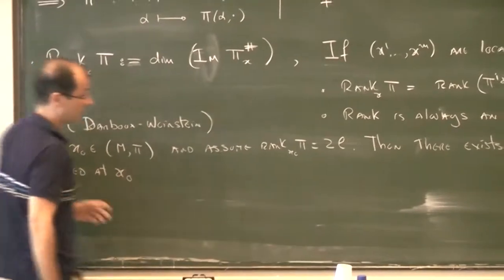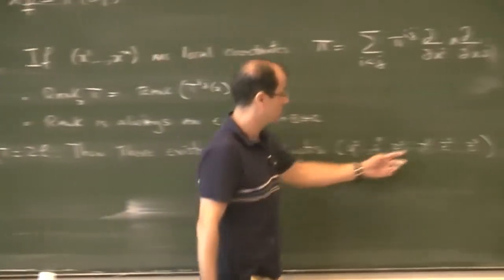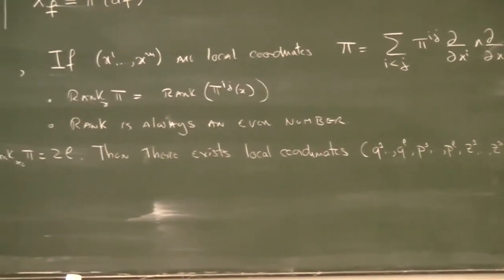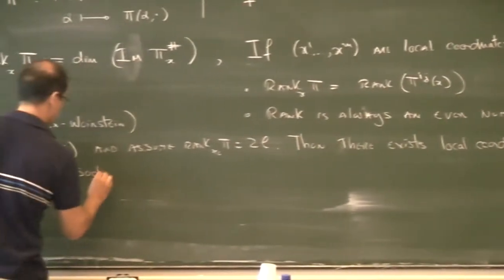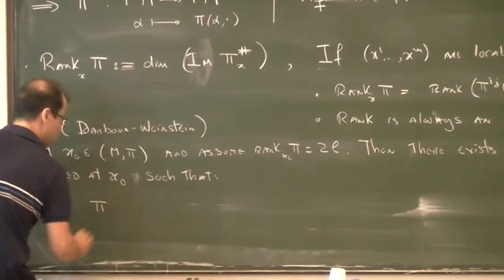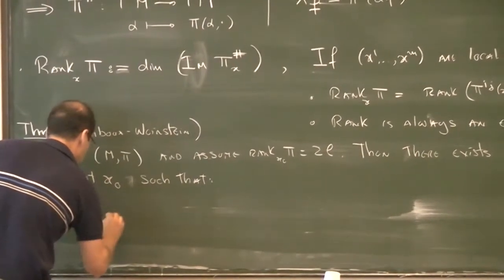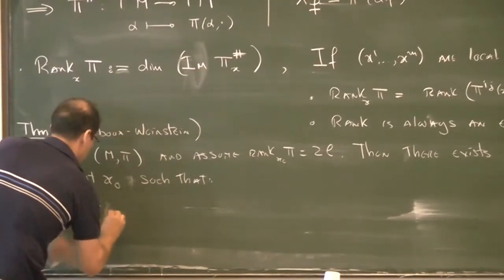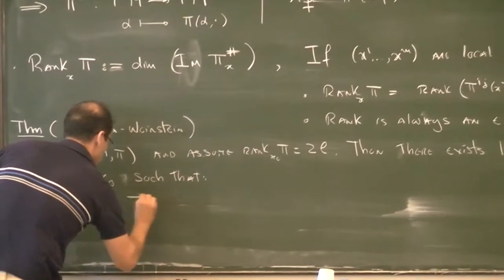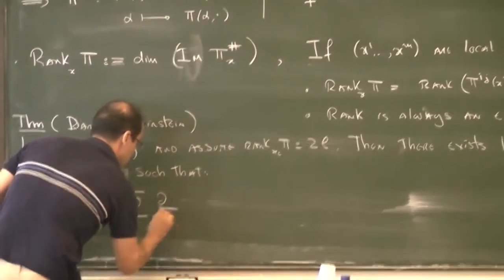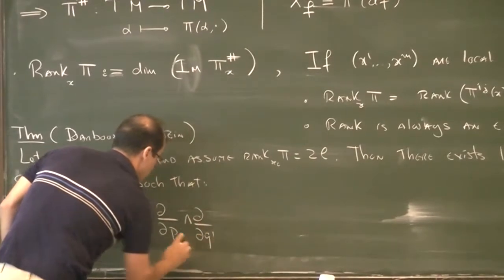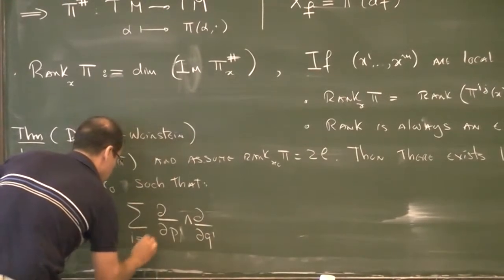So when I say centered at x0, it means that the values of these variables at x0 are 0, such that our Poisson tensor is written, at the point x, as follows.